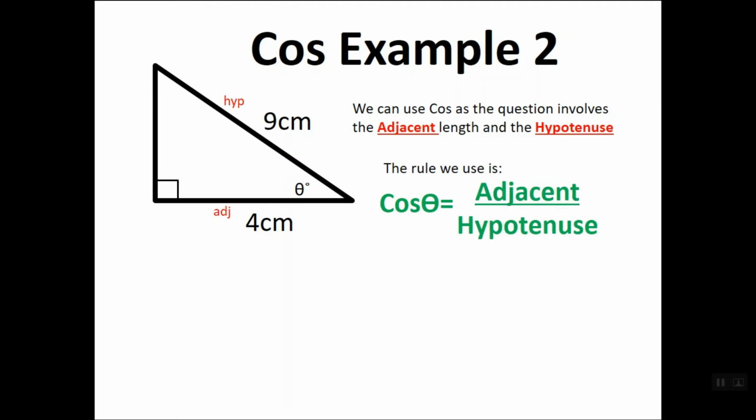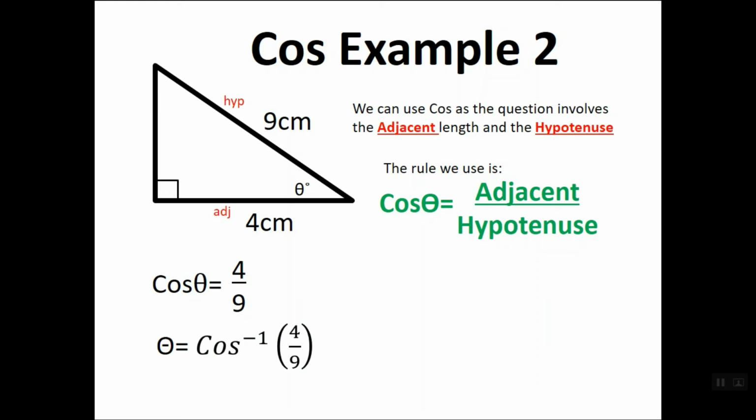Once I have my rule, it's now for me to substitute everything I know. Cos theta, I still don't know my angle, so I write theta, and that's equal to my adjacent side, which is 4, over my hypotenuse, which is 9. Same as in our previous example, I'm trying to find theta, so to get theta by itself, I need to do the inverse.